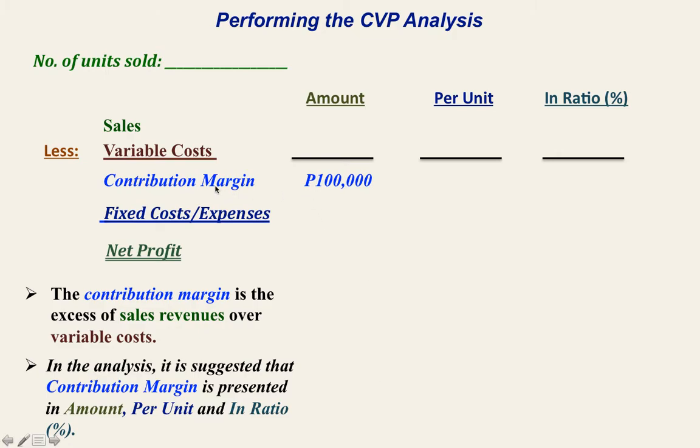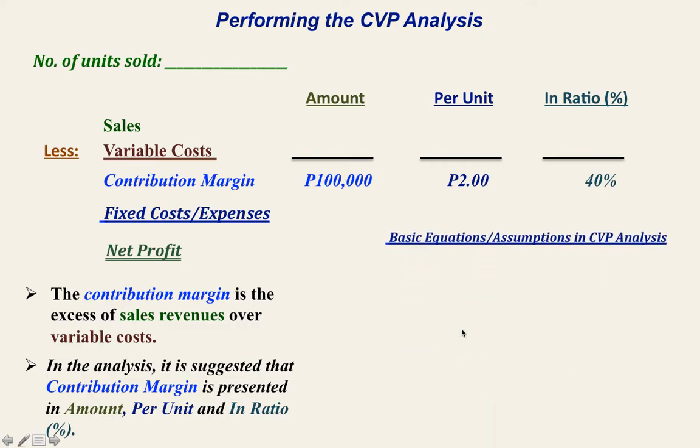We have to get the contribution margin in amount, per unit, and ratio. Like in this illustration, the amount is 100,000, then the per unit contribution margin is 2 pesos. These are just assumptions. And the ratio we can express in percentage.